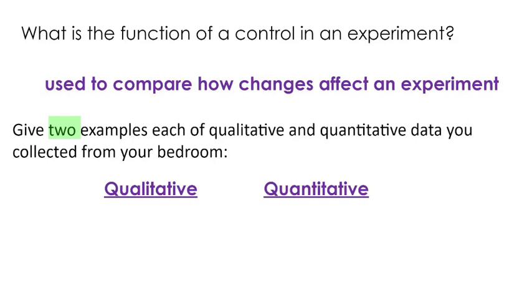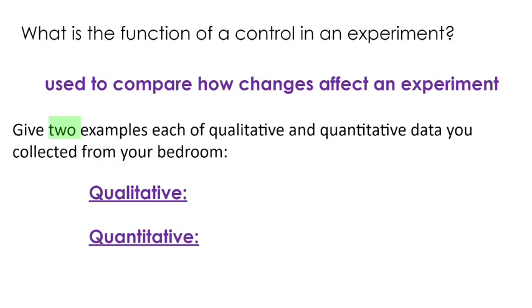Quantitative, list 2 things underneath it. That would work for me. Or maybe you decide to do it sideways, just list out the words like we wrote it up above, and then just have 2 examples there. But in this space, I want to see 2 examples each for each of these different types of data so that we can make sure you're on the right track in understanding those words.